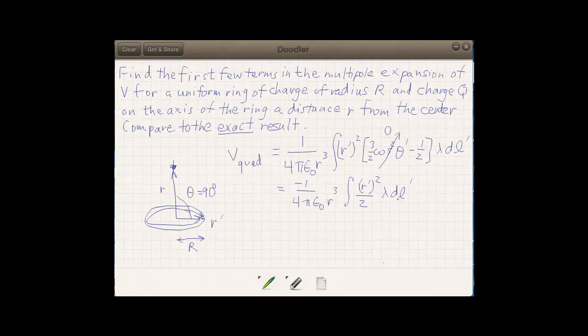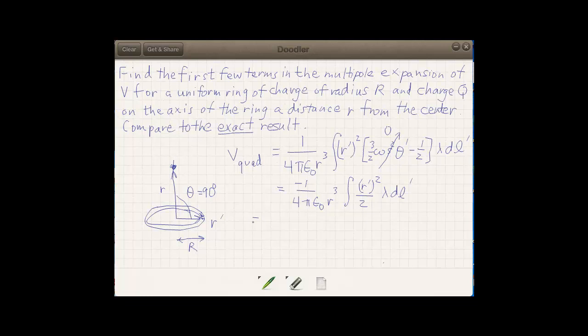Well, it's an integral over all of these elements of charge. And we have to ask ourselves, does the r prime value change? And remember, this is just a magnitude. And the answer is no. Everywhere around the ring, r prime has the value capital R, the radius of the ring. And so that can actually come outside the integral, along with the factor of 2.